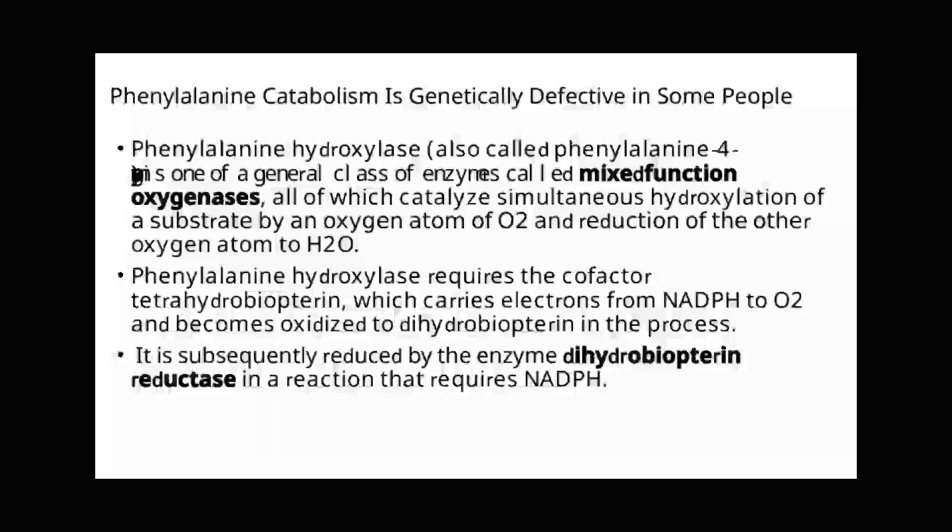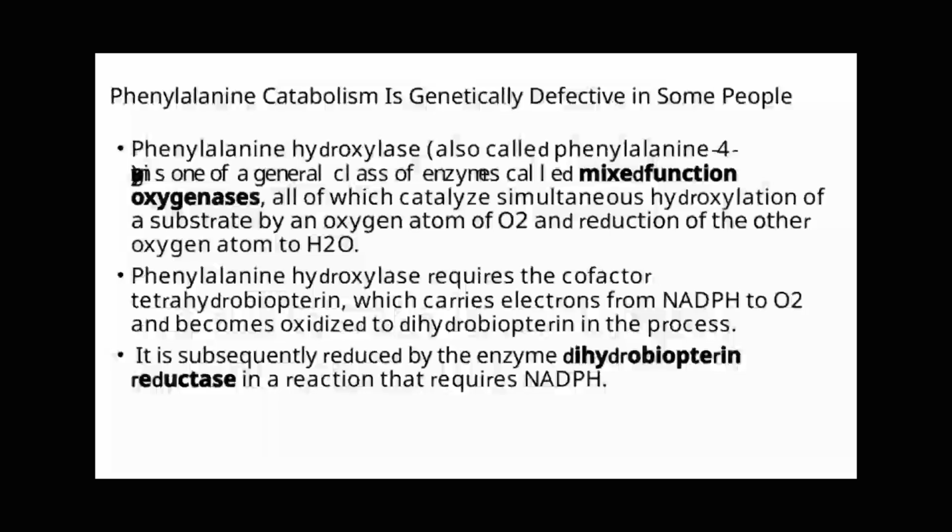Now, for phenylalanine hydroxylase to do its job, it needs a special cofactor called tetrahydrobiopterin. This cofactor plays a crucial role by carrying electrons from NADPH to oxygen, enabling the hydroxylation process. During this transfer, tetrahydrobiopterin gets oxidized to dihydrobiopterin. But the cycle doesn't end there. The enzyme dihydrobiopterin reductase steps in to reduce dihydrobiopterin back to tetrahydrobiopterin, and this reaction also requires NADPH. This entire process is essential for proper phenylalanine metabolism.